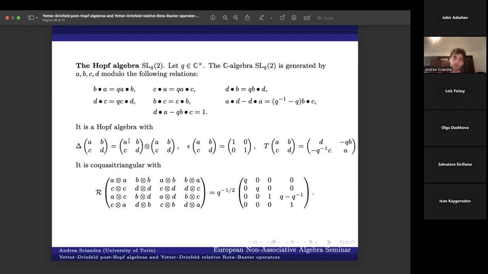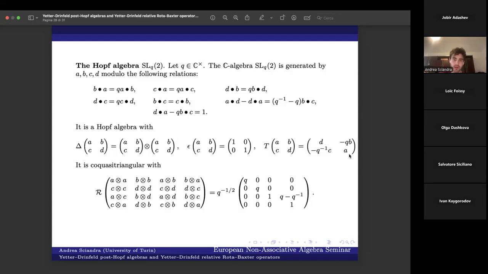And so on, the delta of B is A tensor B plus B tensor D. The counit is 1 on A and D, while it is 0 on B and C. And the antipode T just interchanges D and A, while it fixes C and B with some scalar. It is known that this is co-quasi-triangular with this structure R.